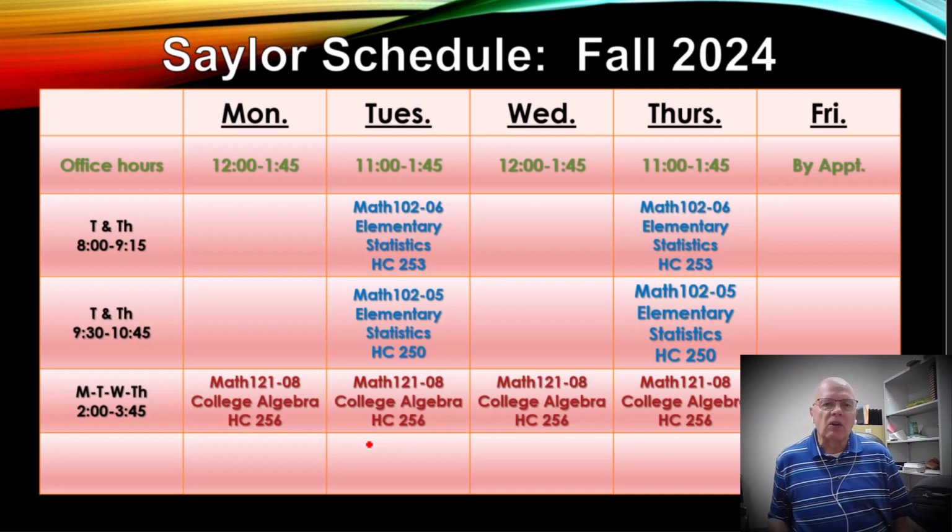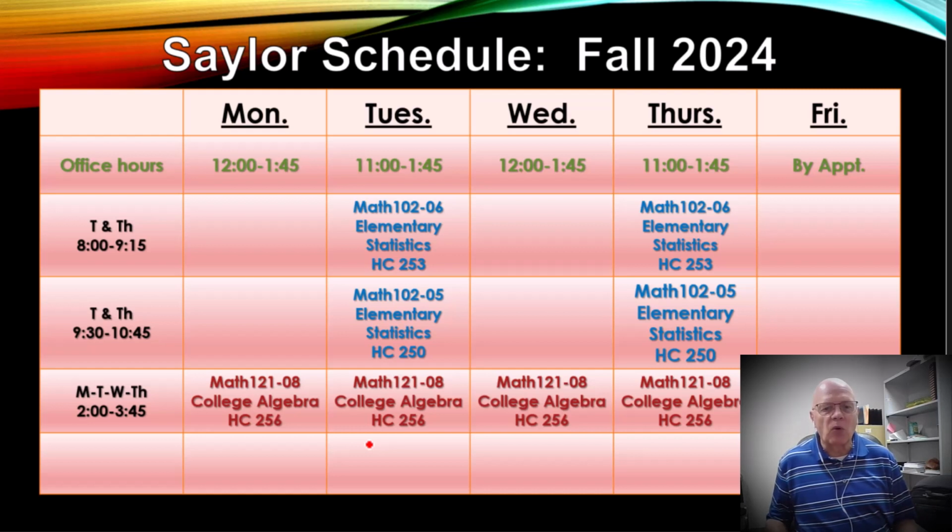In case you want to get a hold of me and want to know where I am, well, here's an idea for you. Tuesday and Thursday, I have these statistics classes. Monday, Tuesday, Wednesday, Thursday, I've got college algebra from 2 o'clock to 3:45. Other times, I'm usually in my office.